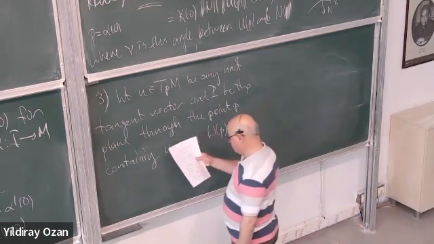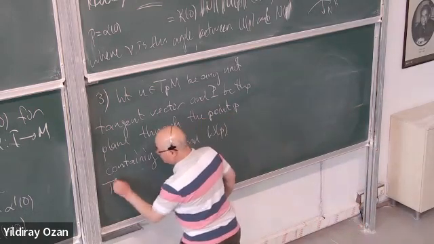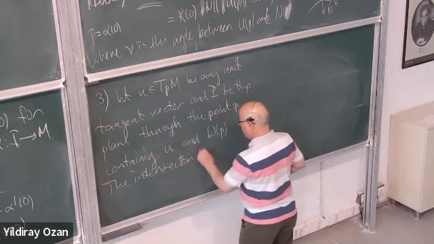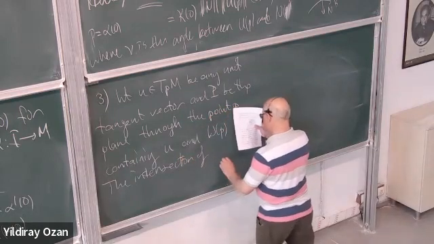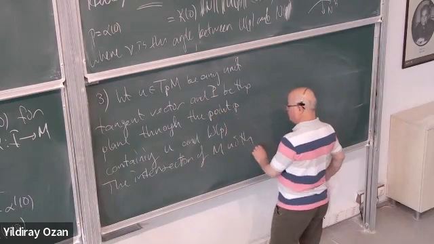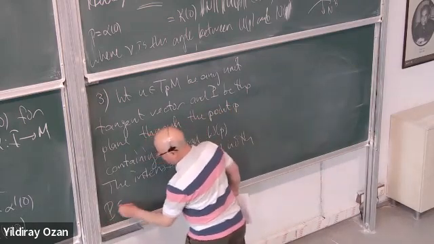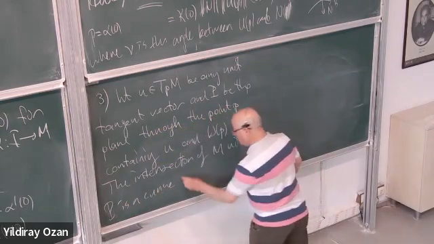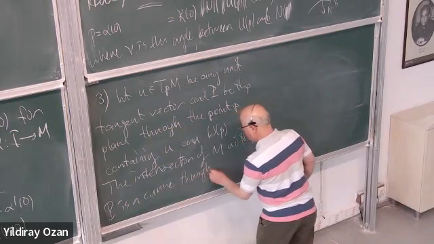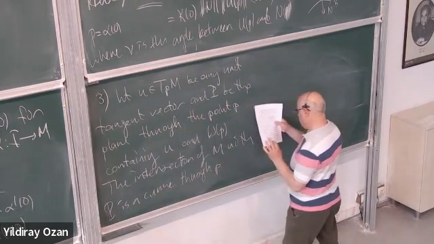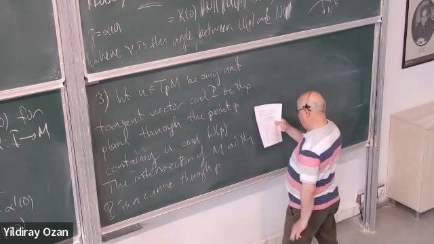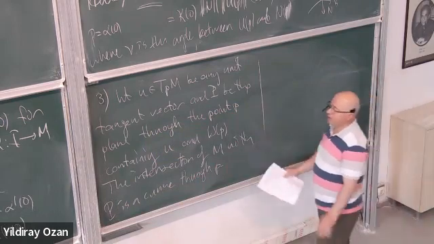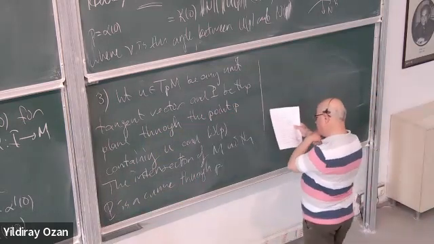The intersection of M with the plane is a curve through P. Let me first write this and then I'll explain on a picture.